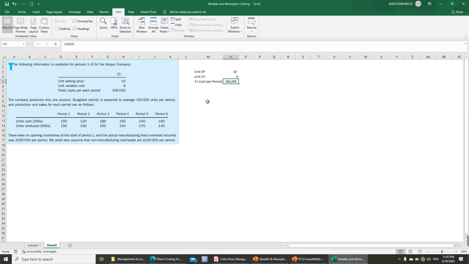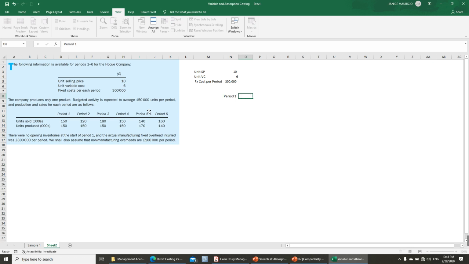Okay. Now, it says here that the company produces only one product. Budgeted activity is expected to average 150,000 units per period, and production and sales for each period as follows. So, let's create a table that shows the units sold and produced from period 1 to period 6.